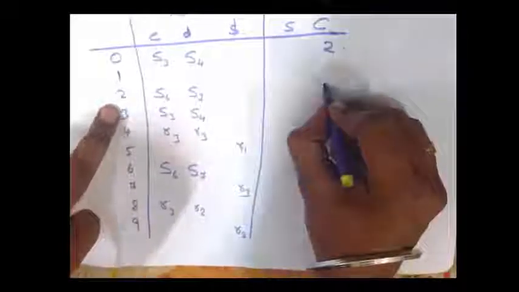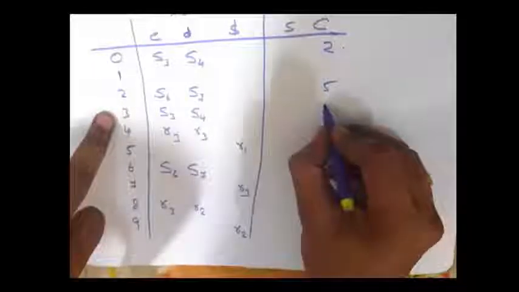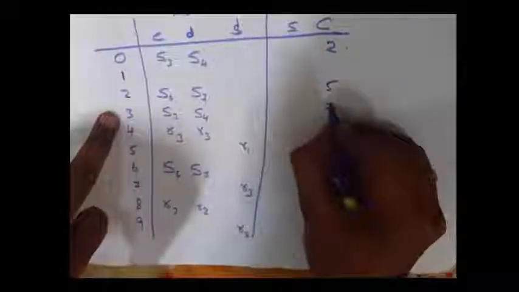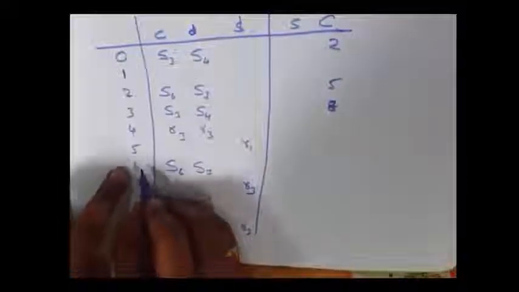For C there is a transition from 2, which gives us the fifth state, and for the third state it gives us the 8th state, and the only one more remaining state is 7th, I guess. Yes, sorry, 6th. The 6th is the only remaining state on which C acts as a transition, which gives us the 9th state.